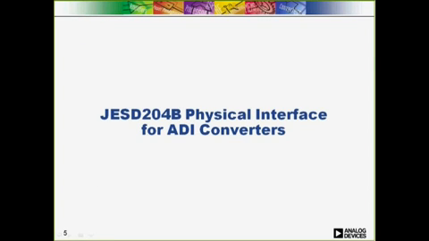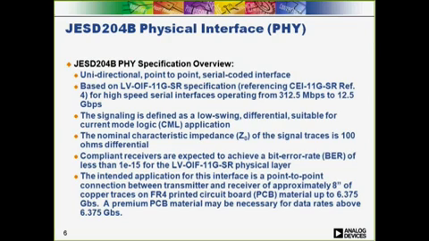First, let's take a look at some of the JESD204B PHY specifications as they relate to our converter products. This is a brief summary of the JESD204B PHY specs, very short. JESD204B is a unidirectional serial interface.